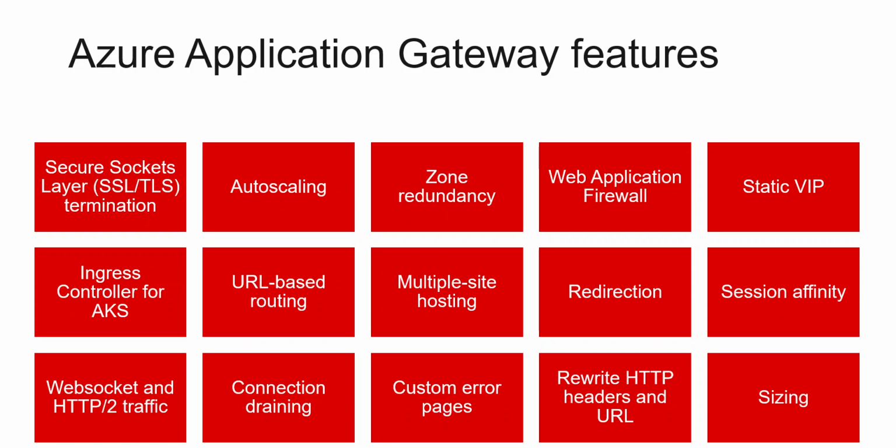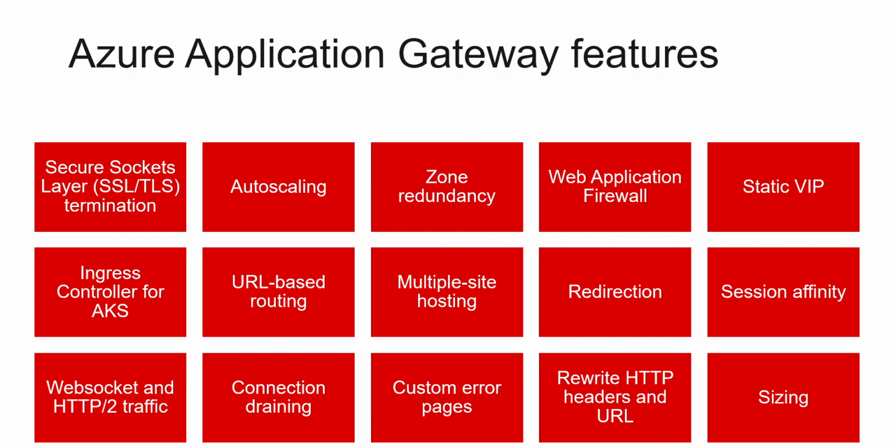It can do URL-based routing, multiple site hosting, redirection, session affinity, WebSocket and HTTP/2 traffic. It can also do connection draining, custom error pages, and rewrite HTTP headers and URLs. So the application gateway can do a lot of things.